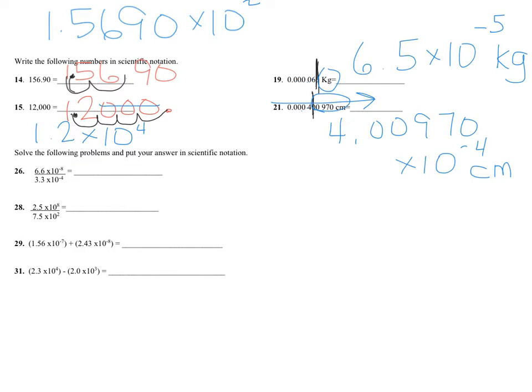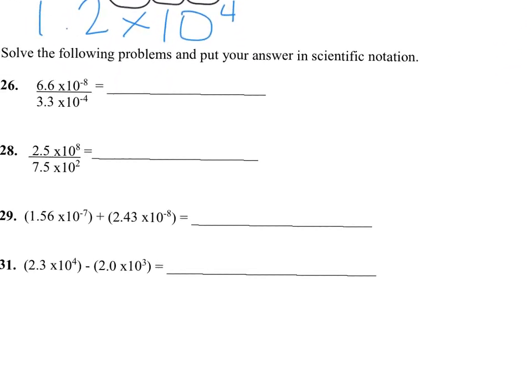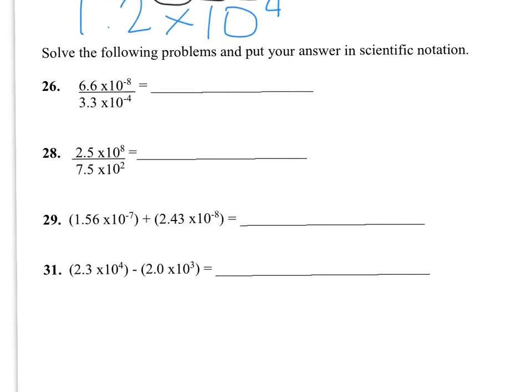The next part where people were having issues is in the dividing and in the addition subtraction. So the first thing to remember, when you're dividing numbers, you keep your coefficients together, 6.6 over 3.3, and then you work out your exponents.